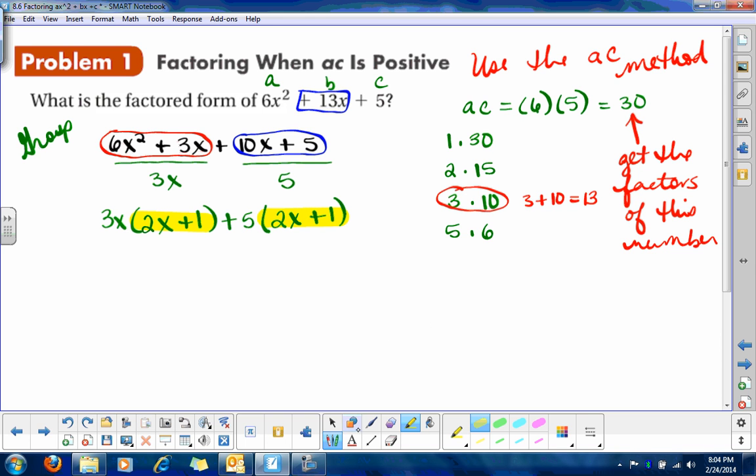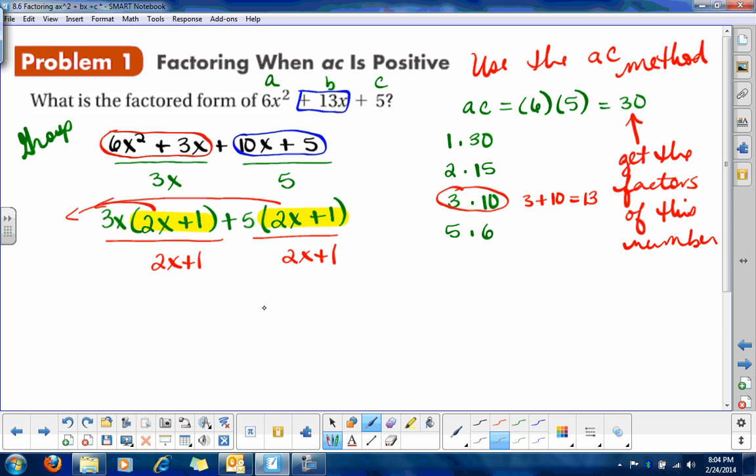Those are now the binomials that you will be factoring out of this entire expression. So we're factoring out this 2x plus 1 and this 2x plus 1.